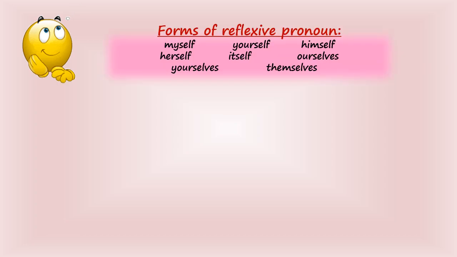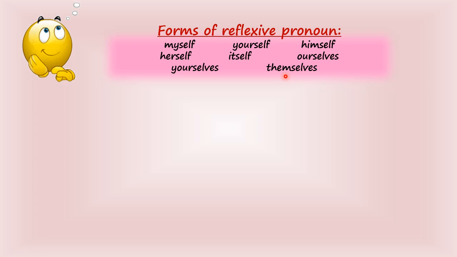Always remember that reflexive pronouns end with self or selves, like myself, yourself, himself, herself, itself, ourselves, yourselves, themselves. When it is singular, it ends with self: myself, yourself, himself, herself, itself. And when it is plural, it is ourselves, yourselves, themselves.